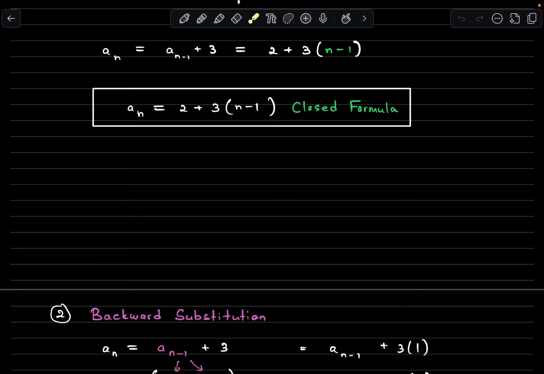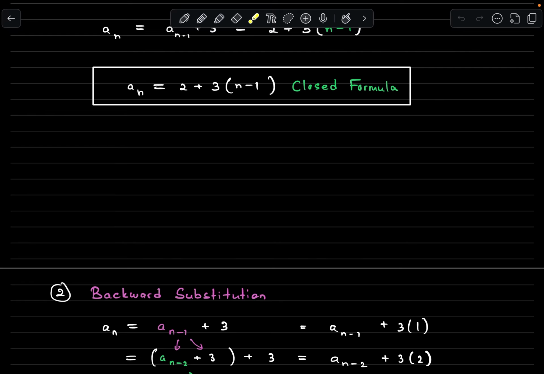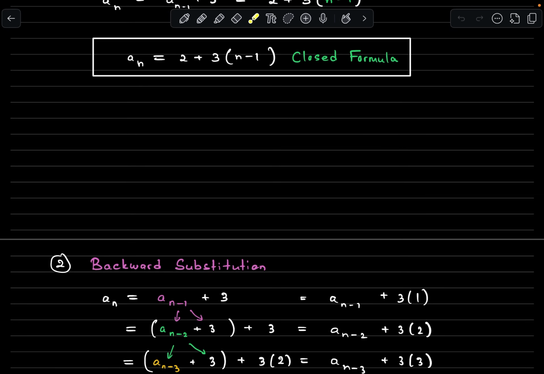And a sub n is defined as a sub n minus 1 plus 3. Well, what's a sub n minus 1? That is itself the previous term, a sub n minus 2 plus 3, okay? And you can kind of see what's going on here. We're going to, again, rack up 3's in a different way, right? We can expand a sub n minus 2 as a sub n minus 3 plus 3.